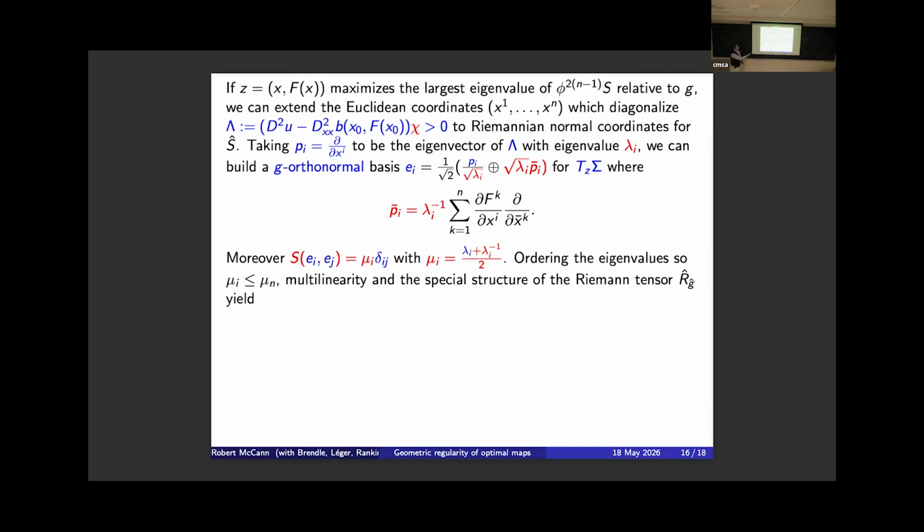And if you think about the S inner product of EI and EJ, it still vanishes if I is different from J. And then because you have a 1 over lambda and a lambda, the eigenvalue for S is going to involve lambda I and its reciprocal. So with this ordering, actually, I guess it's mu n I want to be the largest. I'm now going to compute the Riemann tensor in these directions, EI and EJ.